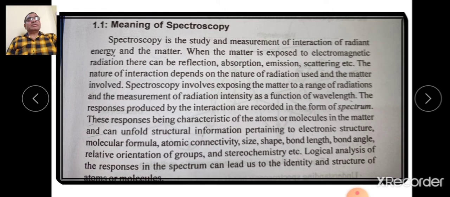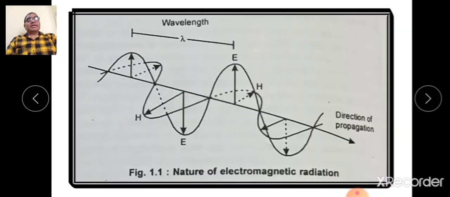Then the next point is the nature of electromagnetic radiation. Electromagnetic radiation is radiant energy emitted by a source into the surrounding environment. The radiation consists of mutually perpendicular electric and magnetic vectors, which are also perpendicular to the direction of propagation.